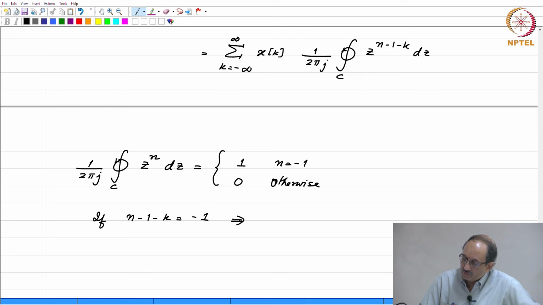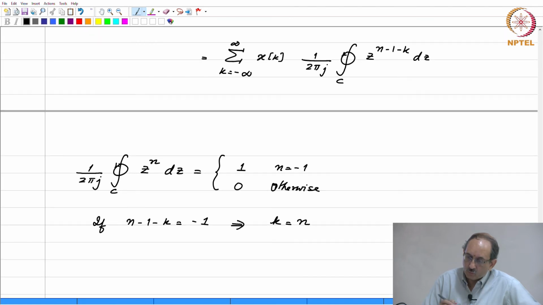So, this implies this integral will exist only when k equals n, otherwise the integral will be 0, and hence if you look at this expression here, for every value of k, it is going to be multiplied by a term that will be 0 whenever k is not equal to n.